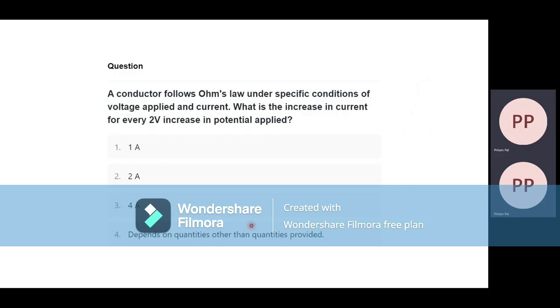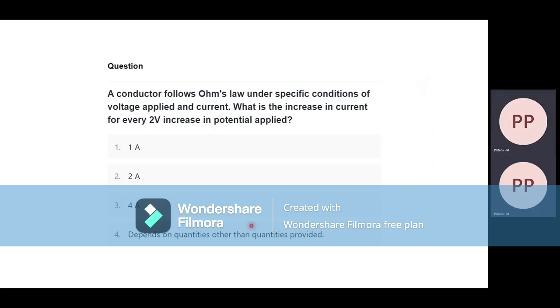Let's say we have a conductor that follows Ohm's law under some specific conditions of voltage applied and current.